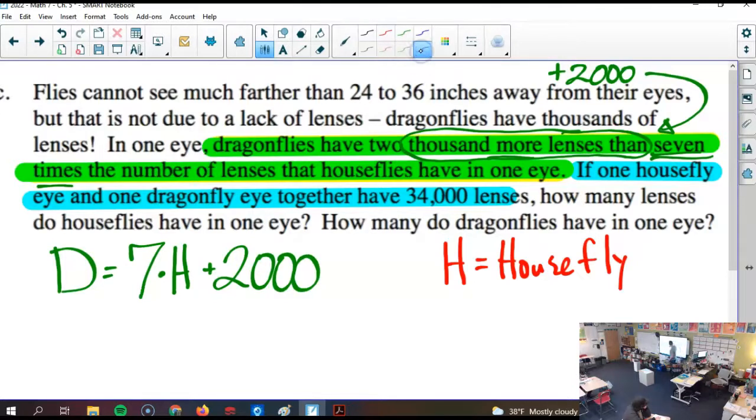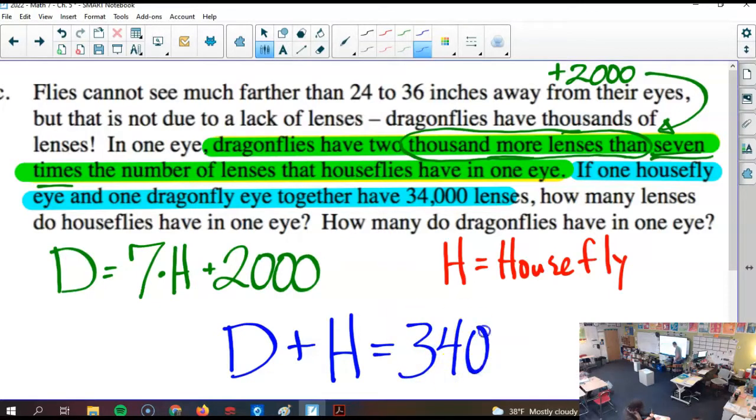So they tell us in blue that the dragonfly and the housefly together have 34,000 lenses. With your team, follow the handout I gave you. Finish this problem.